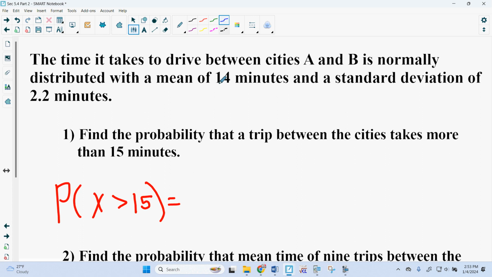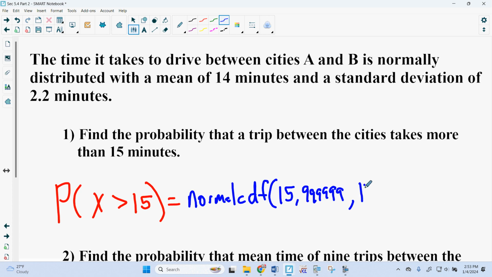Now, like we looked at last time on our calculator, we can just do this on our calculator. This is just normal CDF. We have 15 to 99999. Our mean is 14, and our standard deviation is 2.2.